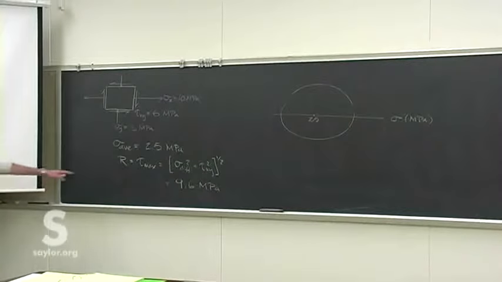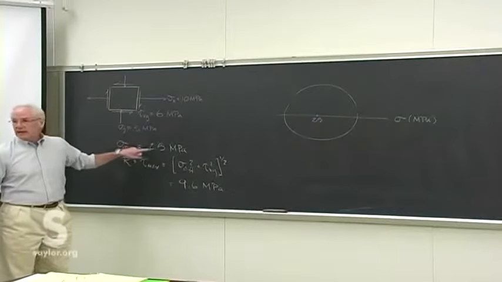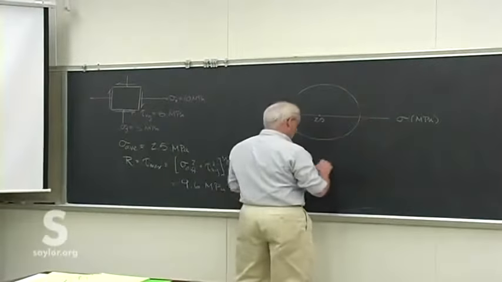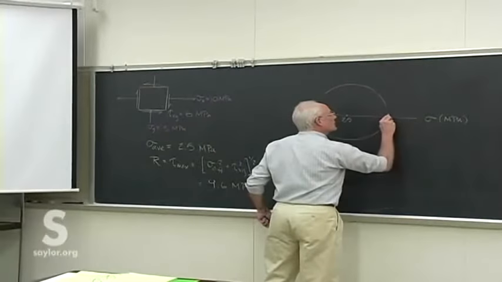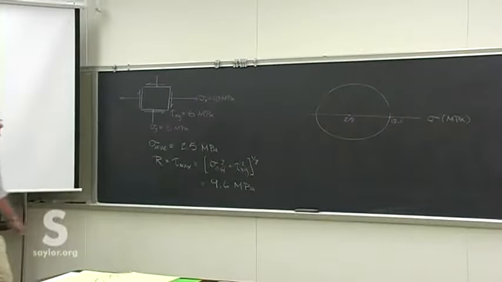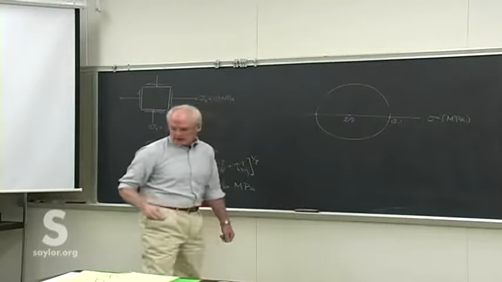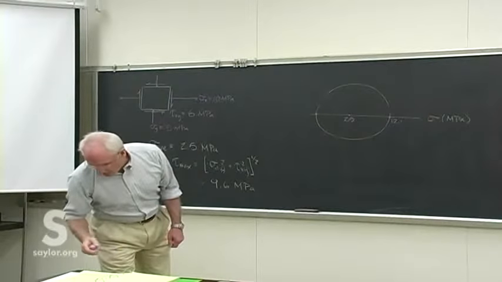We add R to that, which is 9.6, and we get this point here, which I believe is 12.1. All right? Subtract R from sigma average, and we get this other point on the other side, and that will allow us to put in the vertical axis.